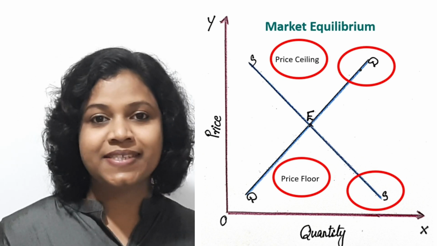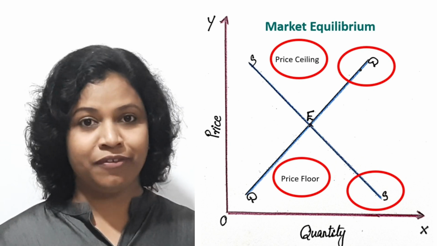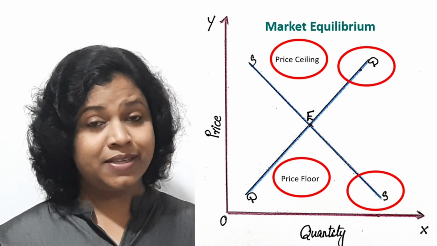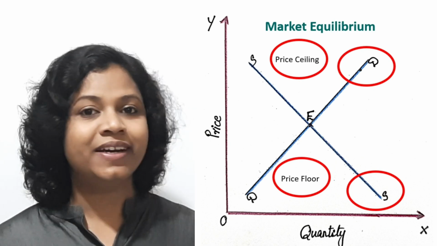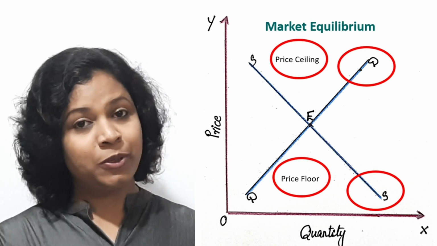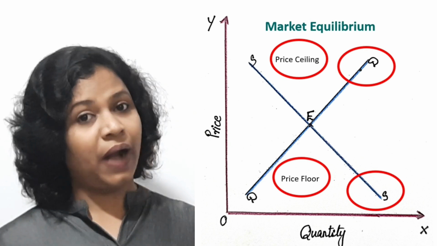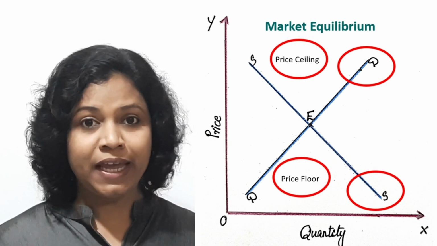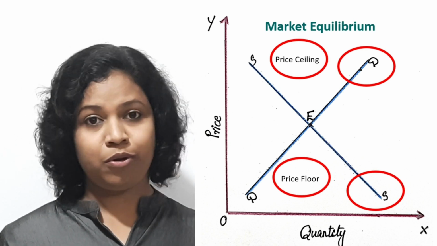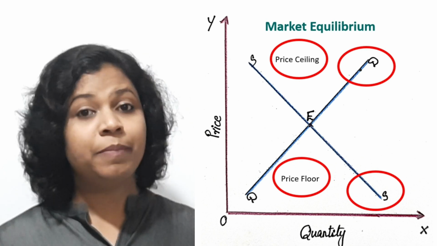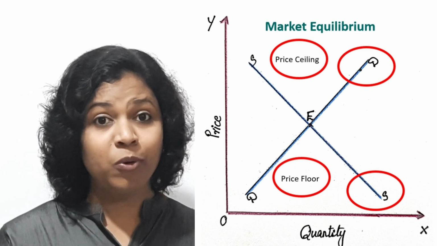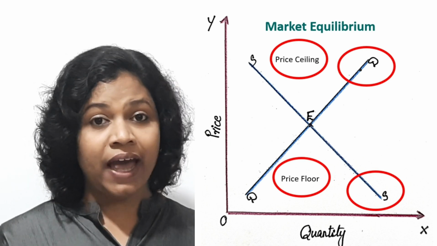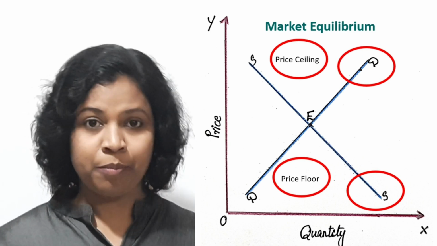Yes, it is the maximum price imposed by the government. It actually lies below the equilibrium price. So another mistake. See the price floor, where is it? Yes, it is shown below the equilibrium price. Is it so? No. Price floor, the minimum price imposed by the government, actually lies above the equilibrium price.